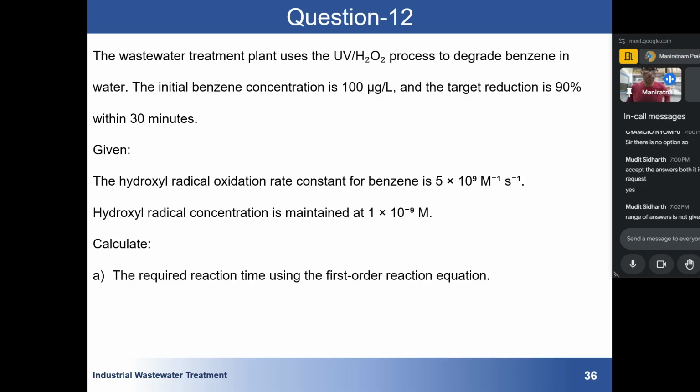I hope everyone is aware of first order, second order. This question is simple as long as you know the concept of first order, second order, zero order.